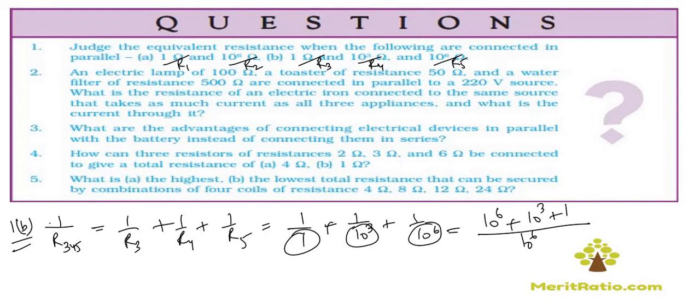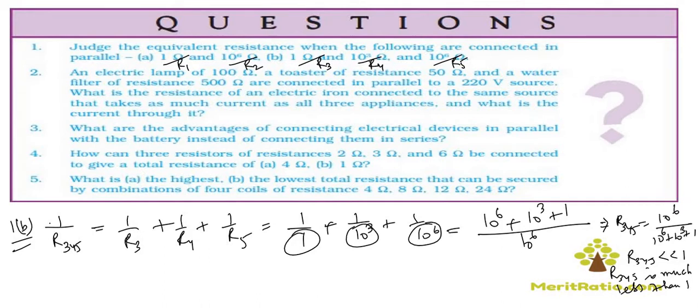So we can write this as 1 upon R345 is equal to 10 to the power 6 divided by 10 to the power 6 plus 10 to the power 3 plus 1. So R345 is much less than 1.